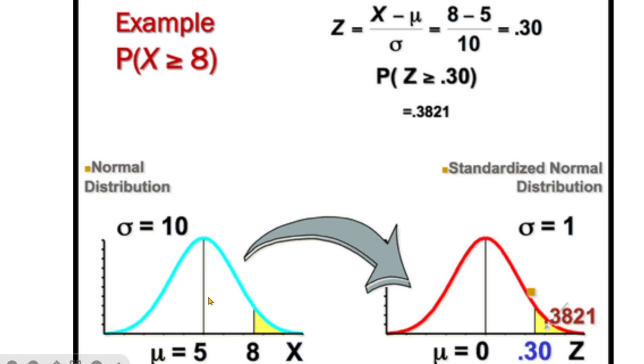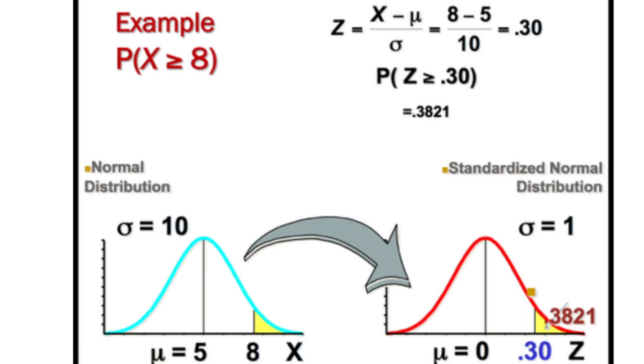So they have shown this example. The mean is 5. We have here a value which is 8. Maybe this is 8 kilograms. The mean is 5 kilograms. The standard deviation is 10. If you are making it standard, you take the value minus the mean divided by the standard deviation. So where there is the mean, 5 minus 5 divided by 10, I get 0.